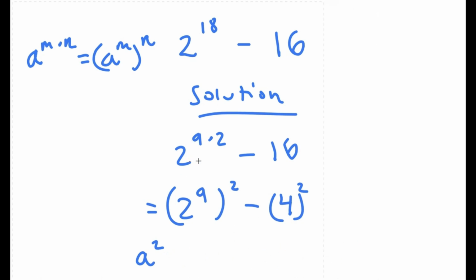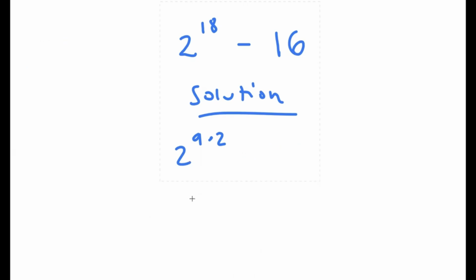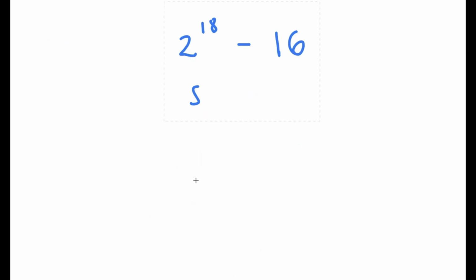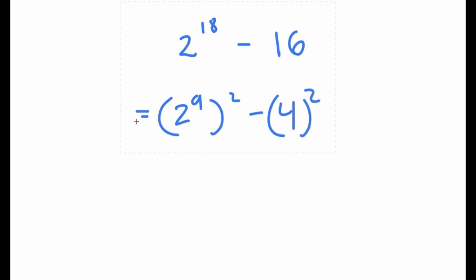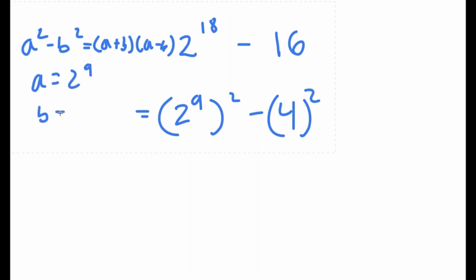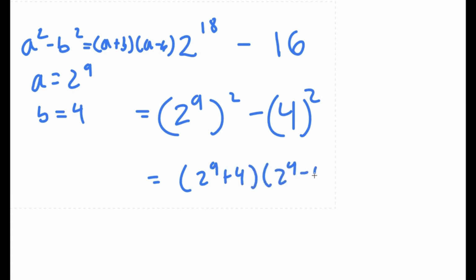So I have 2 to the power of 9 to the power of 2 minus 4 to the power of 2. In this case, a is 2 to the power of 9 and b is 4. So this is going to equal 2 to the power of 9 plus 4 times 2 to the power of 9 minus 4.